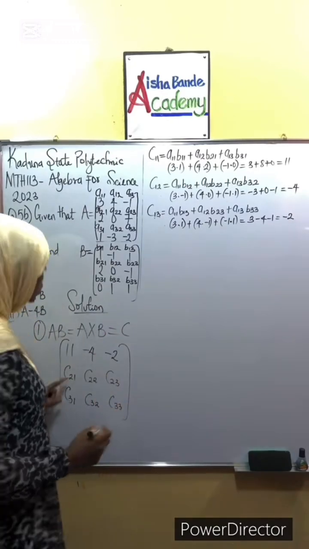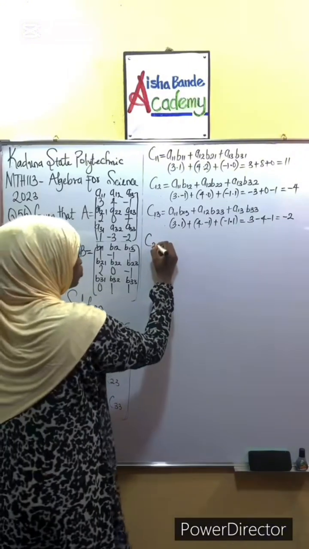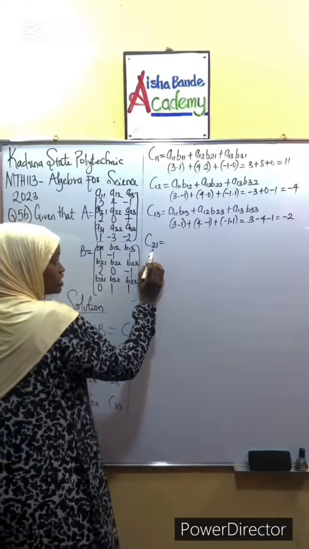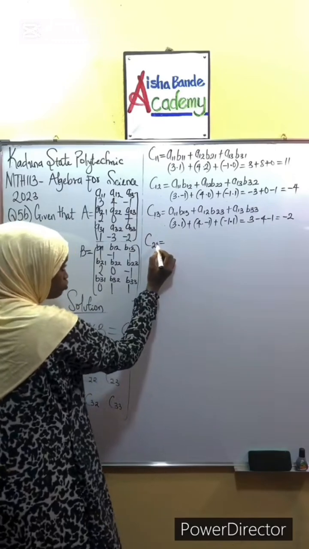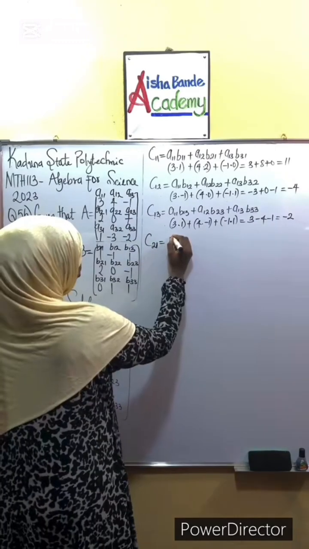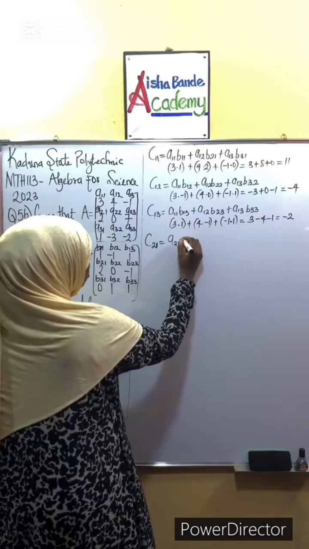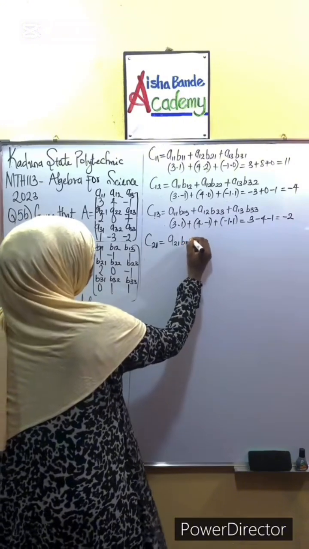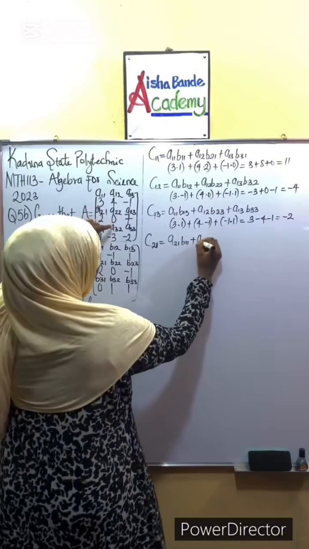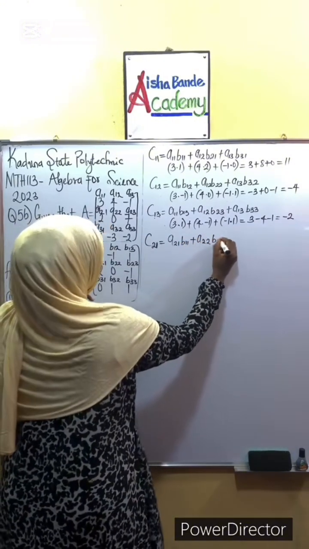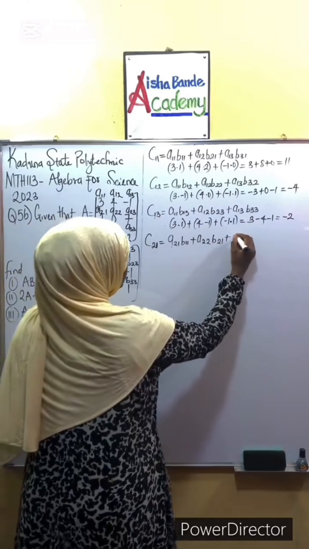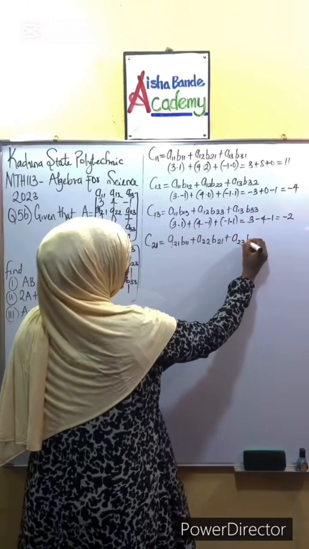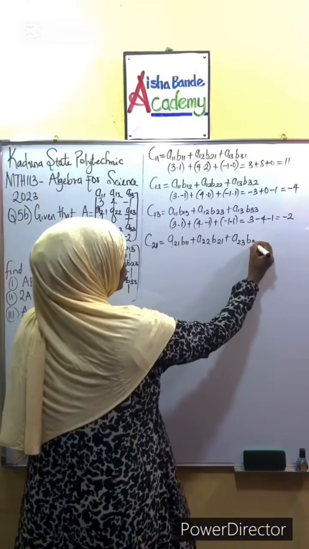So now let's move on to C21. C21 means we are now on the second row for matrix A, then we go to the first column for matrix B. So this is going to be A21 multiplied by B11, plus A22 multiplied by B21, plus A23 multiplied by B31.